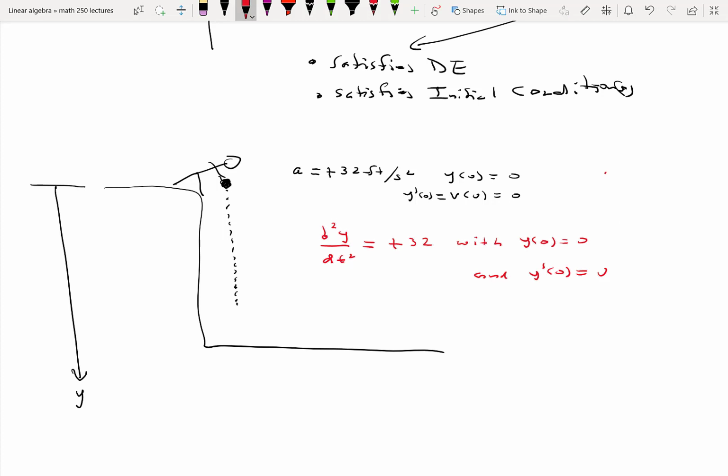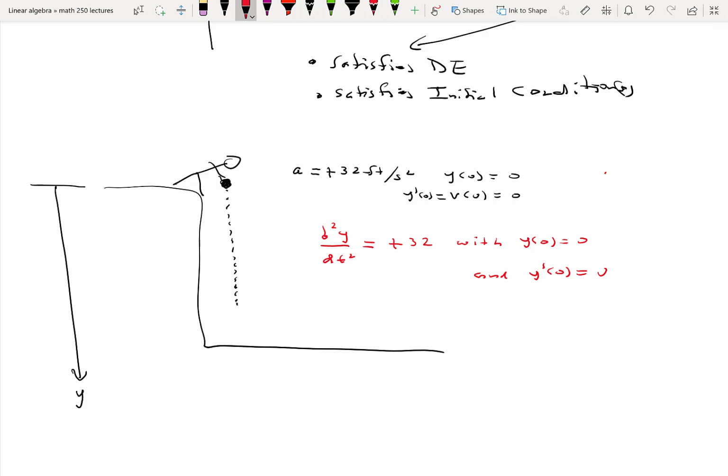It's also not very realistic, because what's being ignored here, you physics types? What am I ignoring when setting up this differential equation? I'm ignoring something very important, and it is wind resistance, friction.